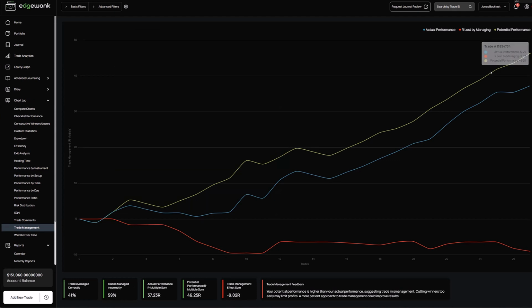So potentially you can see the green line is above the actual performance, meaning if the trader would not have managed the trade or his trades, he would have made a little bit more money, 9R more. So there is a little bit more edge that the trader could have realized. So this is a very good thing to track in a backtest, especially if you have a trading approach that uses an active approach. So you can compare it versus a completely passive approach here.